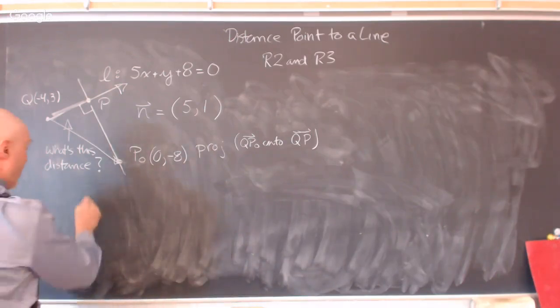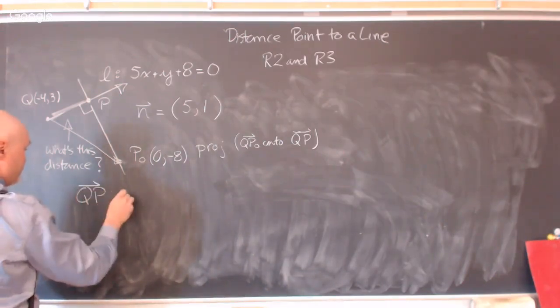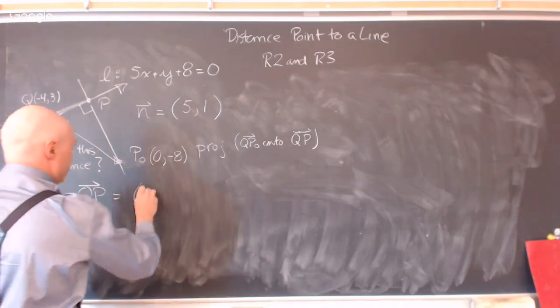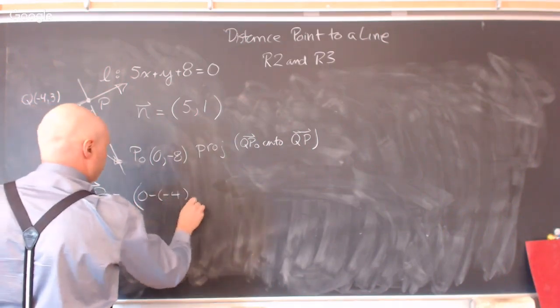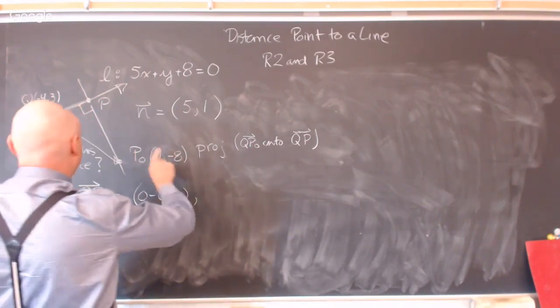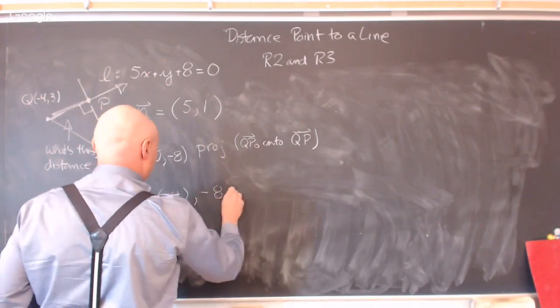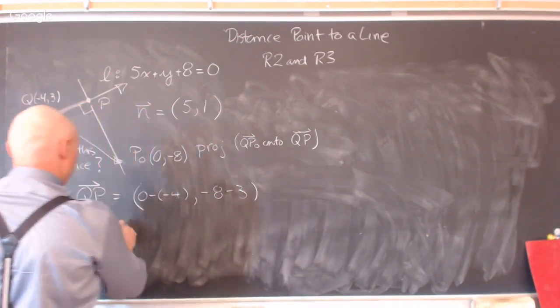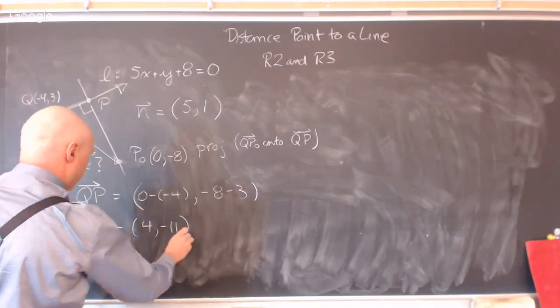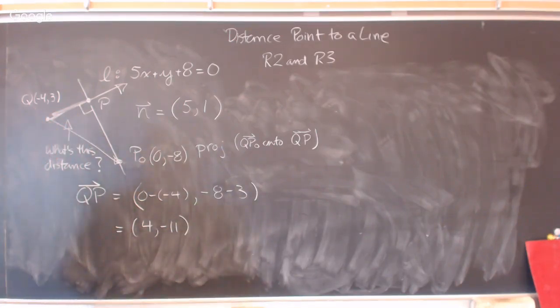So I need to do the old tip minus tail. Okay, so this is the tip. 0 minus negative 4. So there's the x component of QP. And negative 8 minus 3. And so QP as an algebraic vector is (4, -11).